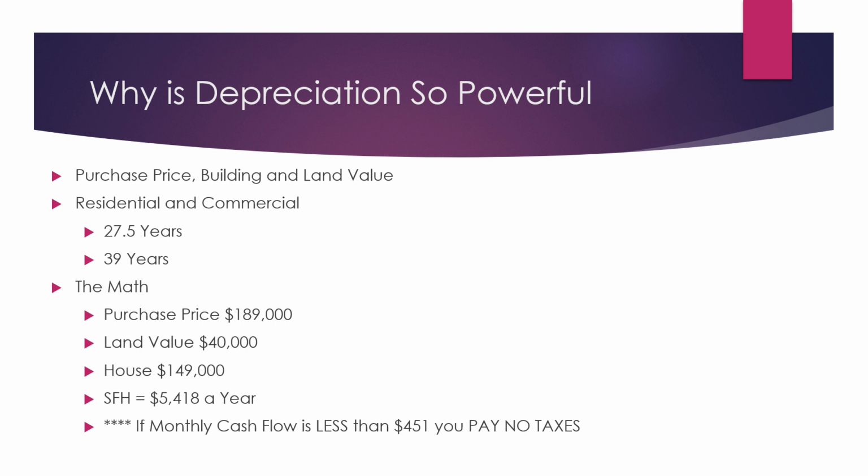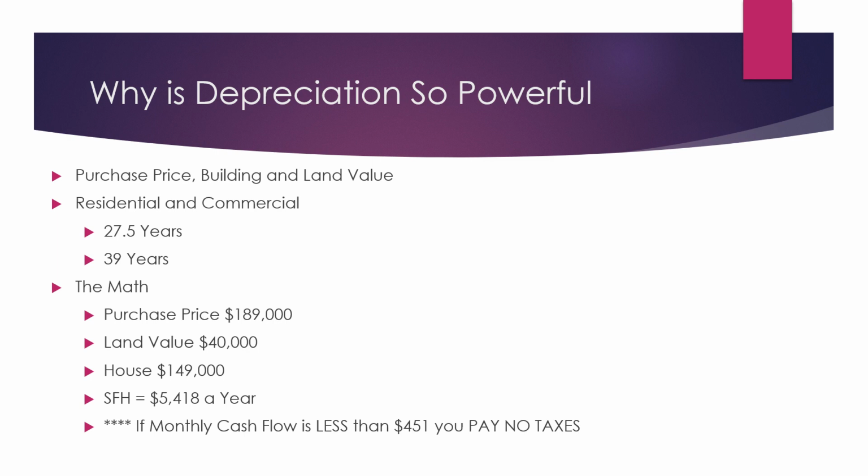So what that should mean for you is if you have this $189,000 house, and you have positive cash flow of $451 or less, you're going to be paying zero taxes because depreciation is going to hide those $451. Now, if you have $500 in cash flow, $49, using quick math, will be eligible for taxes because that will be profit above and beyond what the depreciation is going to shelter for you.